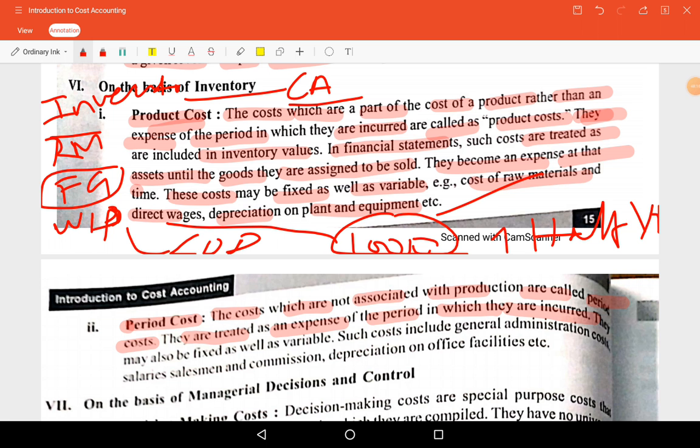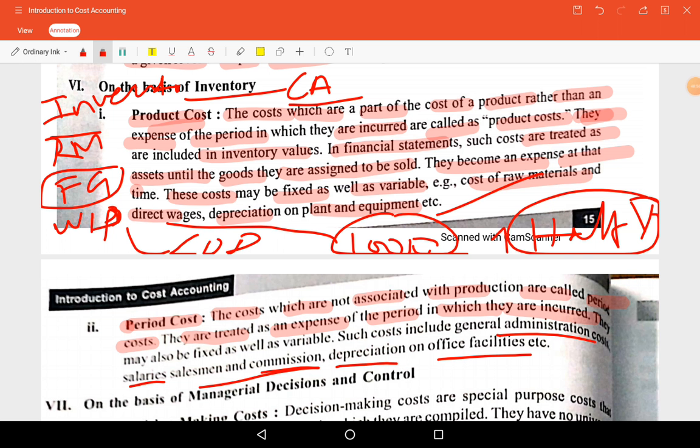In this period, whatever indirect expenses there are, like depreciation on office equipment, commission to salesmen, administration expenses, salaries to employees, these are general expenses incurred in this half year period, and are called period cost. They are not directly associated with the product, but they are incurred in the period concerned. So such costs are period cost.